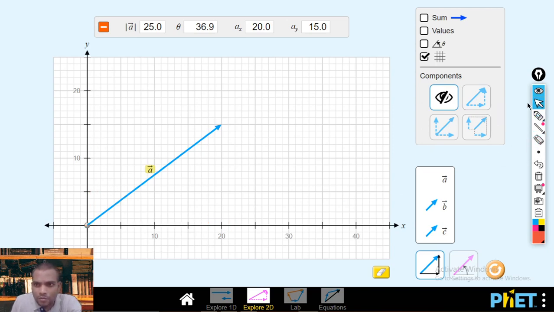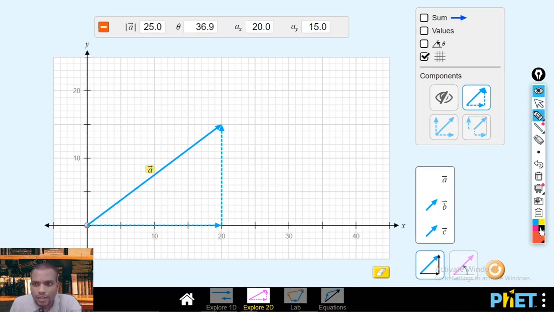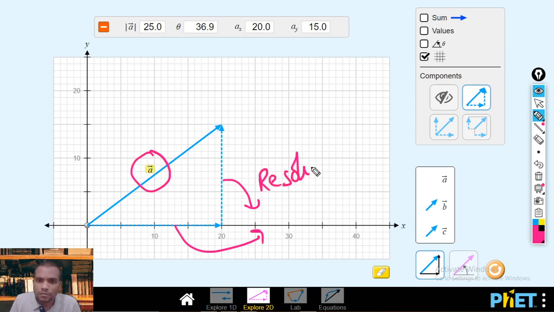Here I have an option, resolution of vectors. These dotted vectors are the resolution of vector A. So we can say that the vector is resolved, and these two are the resolution vectors.